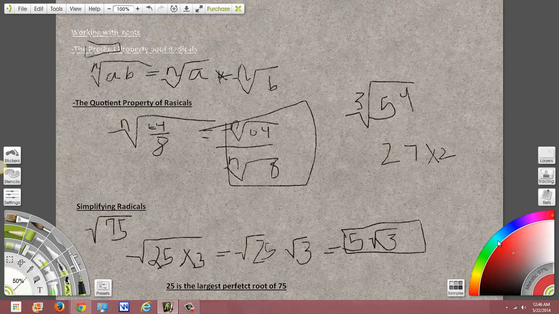The cube root of 27 is 3, because 3 times 3 times 3 equals 27, and the other is the cube root of 2. So the cube root of 54 is 3 cube root of 2.